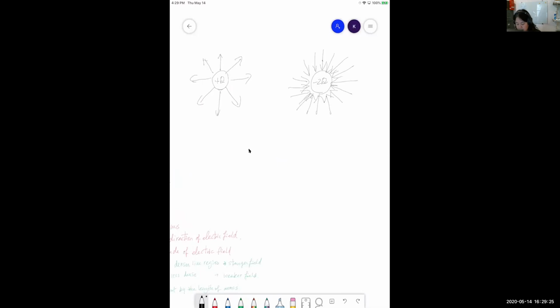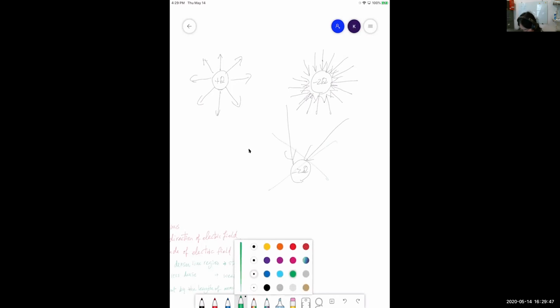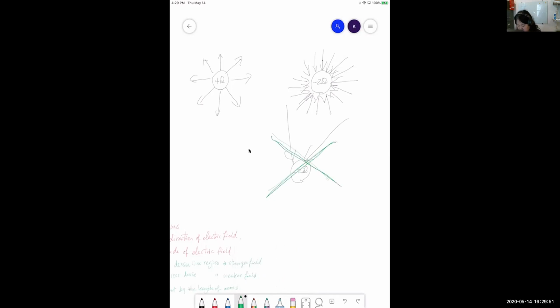So now I have twice as many field lines going inward. So it goes by the number of lines rather than the length. Minus 2Q doesn't mean longer. That's not it. It's not by the length, it's by the number of lines. Okay, so that's that.